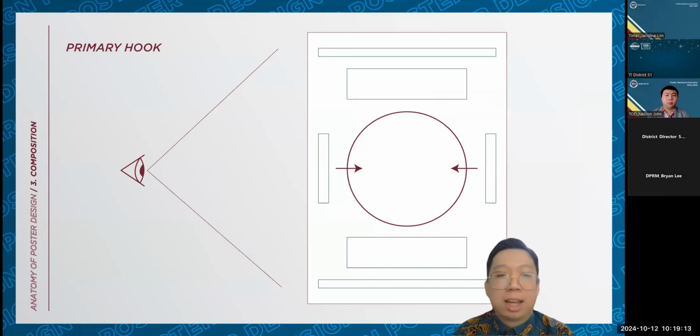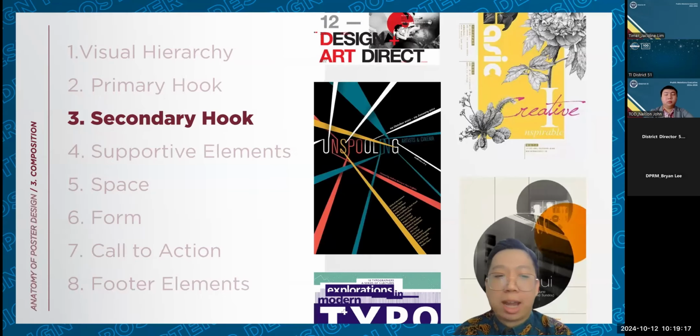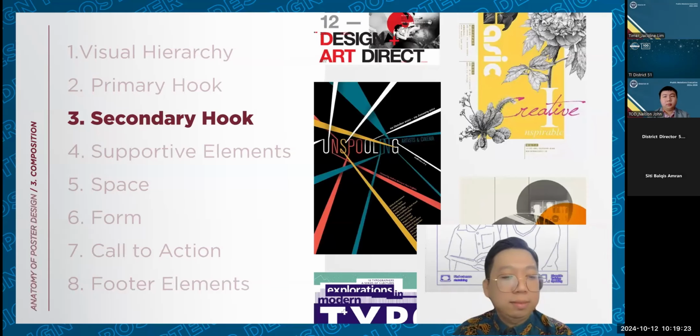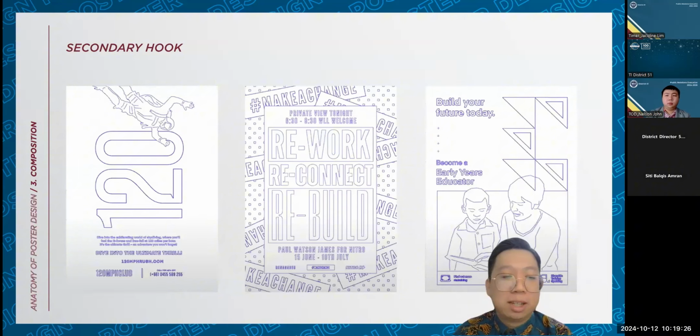Now, once you grab the attention, you will need to continue with the momentum of communication. And that comes with the secondary hook. The secondary hook in poster design complements the primary, sustaining viewers' interest.